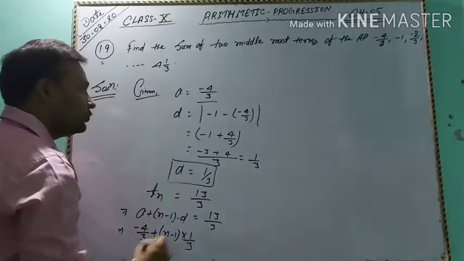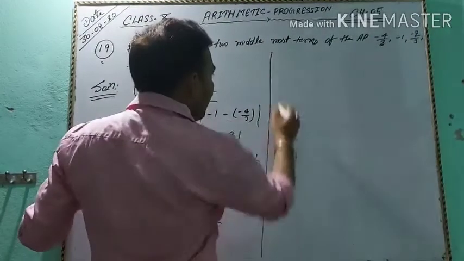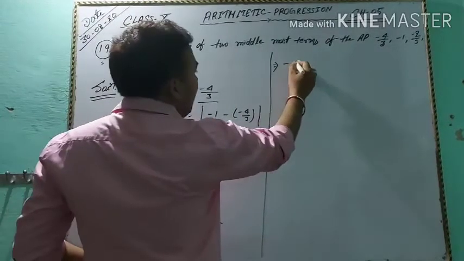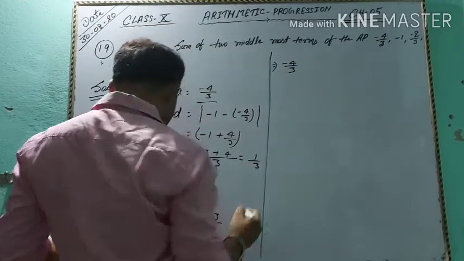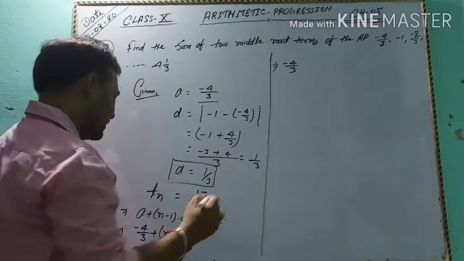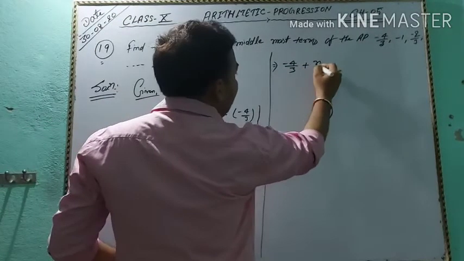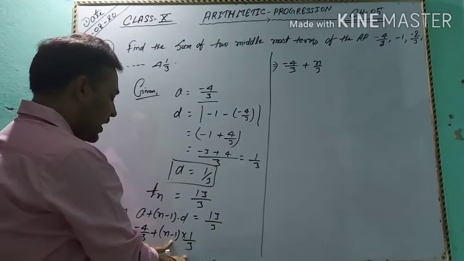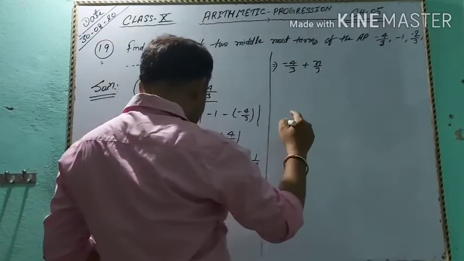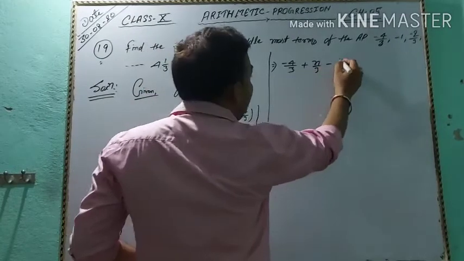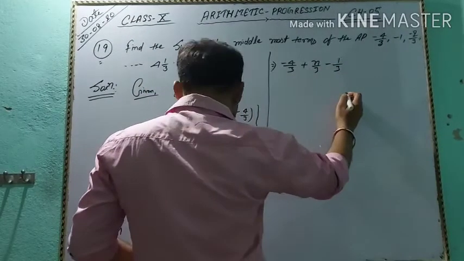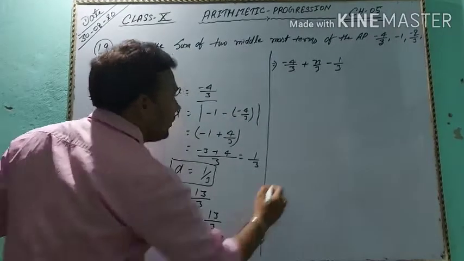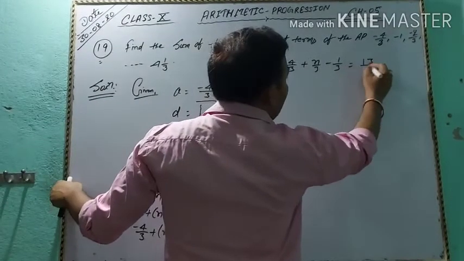Okay, so this implies minus 4 by 3 plus n by 3 minus 1 by 3 equals 13 by 3.